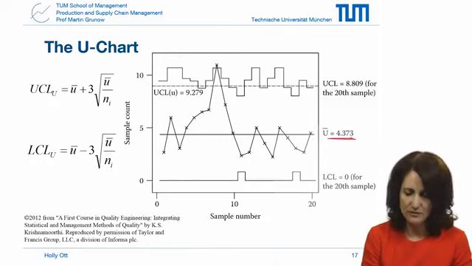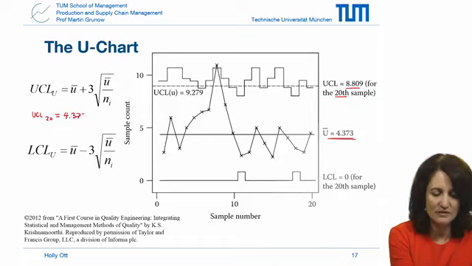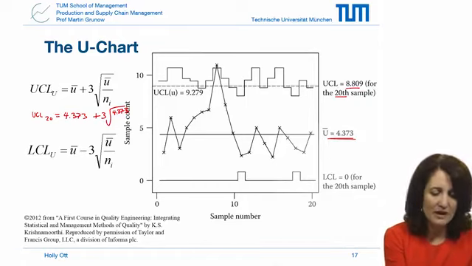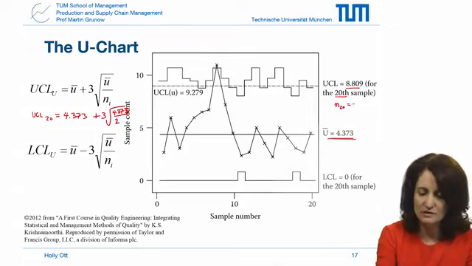Now, as an example, the upper control limit for the 20th sample would be equal to 4.373 plus 3 times the square root of 4.373 divided by N, and the 20th sample had an N equal to 2.